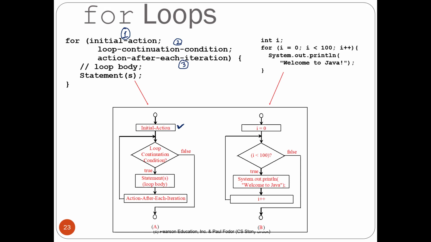So 1 is initial action followed by condition checking, and after condition checking you run the body, and only after running the body you come to the action after each iteration.